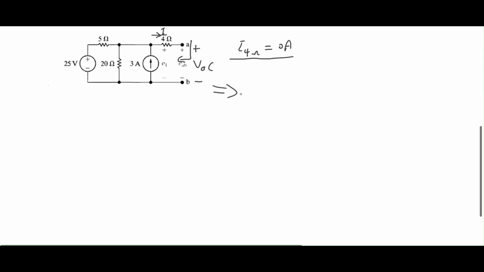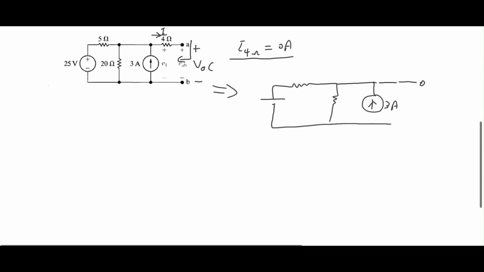Actually, I'm going to just simplify my circuit now. I've got 25 ohms, 5 ohm, 20 ohms, and then I have 3 amps. And here, the circuit is open. And I'm trying to find the open circuit voltage over here, VAB.